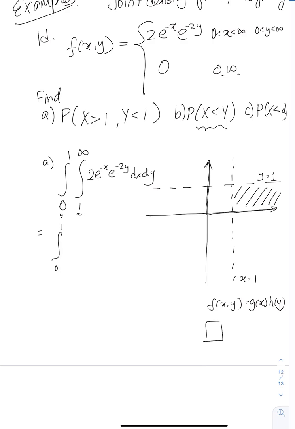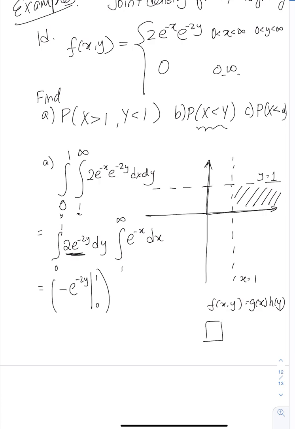So here's what we'll do. We'll separate the x integral. This is just a little calculation trick from Calc 3. And the reason I put the 2 in there is because I'll need it because of the chain rule. So u equals negative 2y, du is minus 2 dy, and so the integral over here is minus e to the minus 2y, y going from 0 to 1.